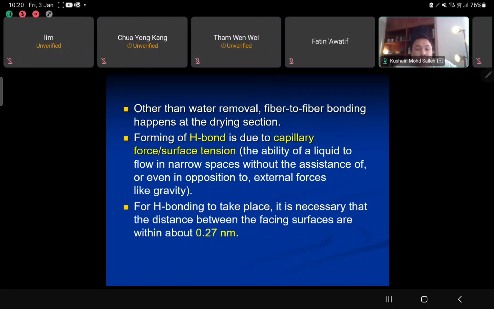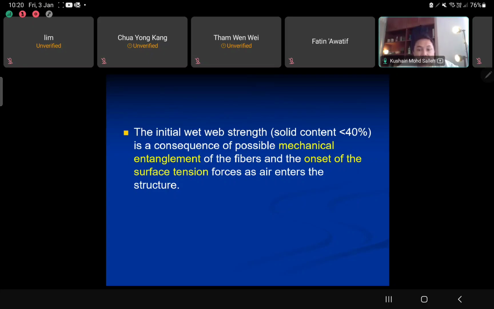For hydrogen bonding to take place, it is necessary that the distance between the facing surfaces is within about 0.27 nanometer.